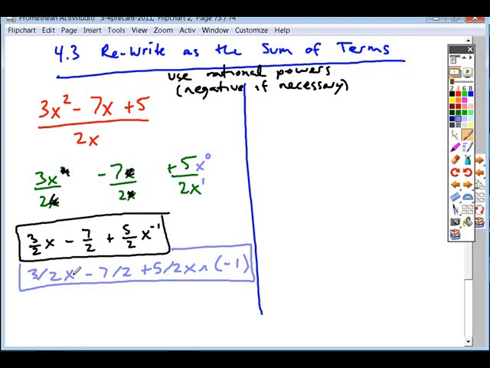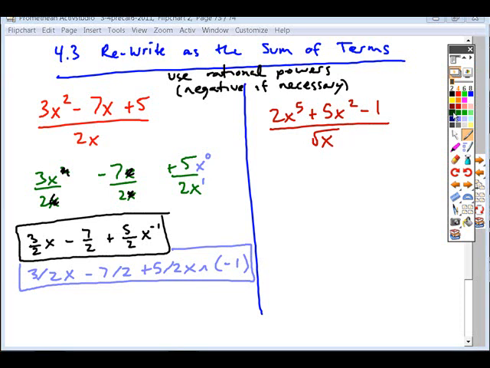All right, so this is an example of an easy type of problem that you might see. A little more challenging one would look something like this. Okay, see if you can simplify this and rewrite it as the sum of terms, please.